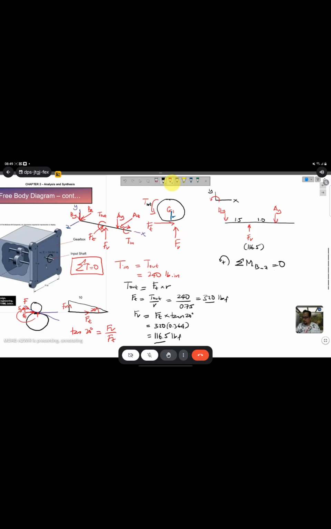So we start with Fr times 1.5, because I assume counterclockwise is positive, then minus Ay times the distance 2.5, is equal to 0.